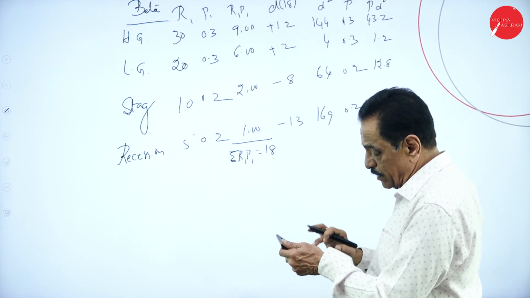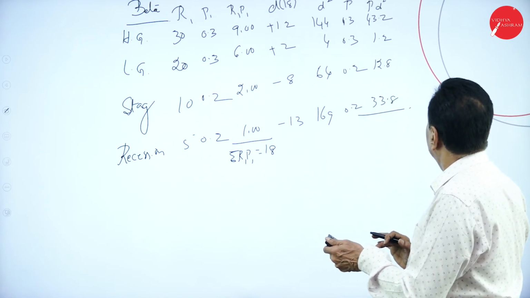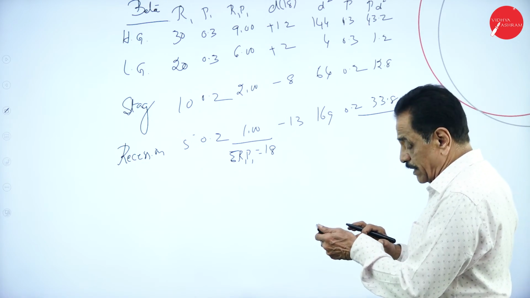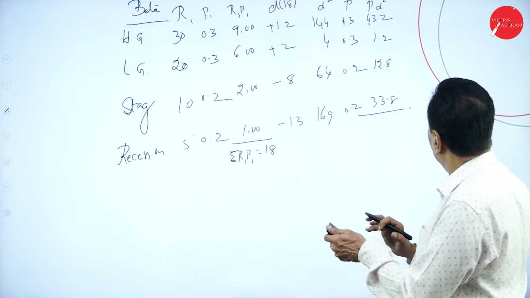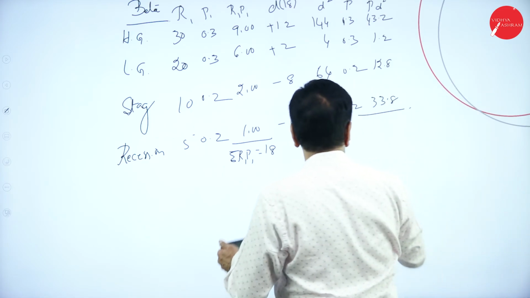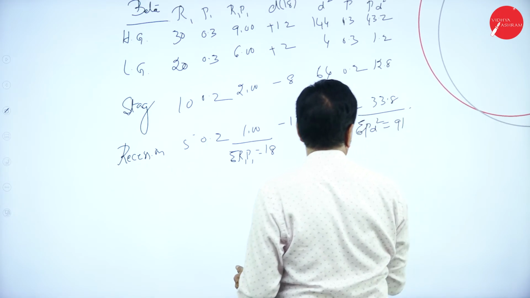33.8 plus 12.8 plus 1.2 plus 43.2 is 91. Sigma PD square is equal to 91.